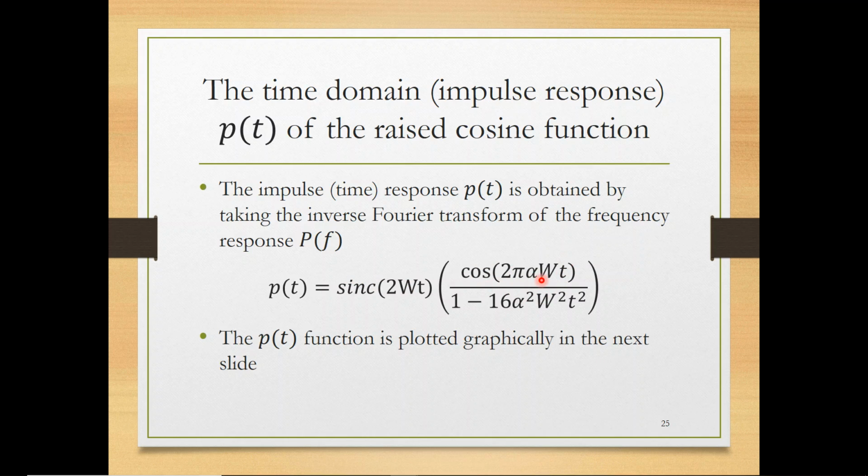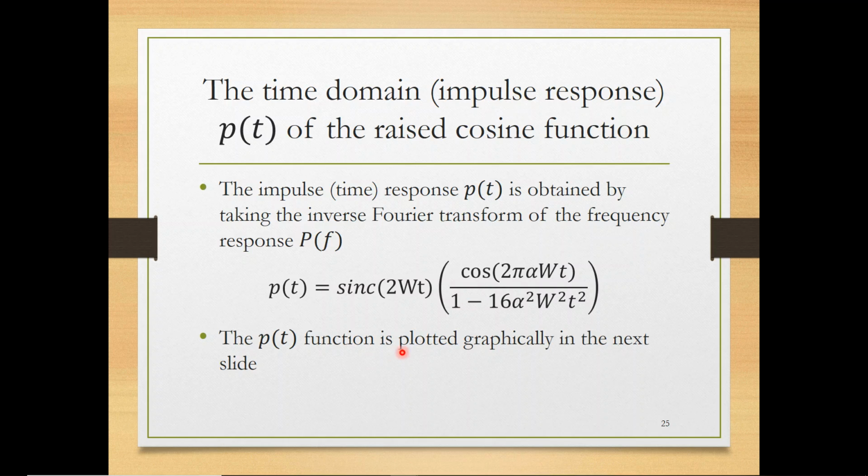This function is used to decrease the tails of your sinc function. So instead of having a tail of this size, you get a tail of this size. When you multiply your sinc with the cosine, you get a new function with reduced tails.